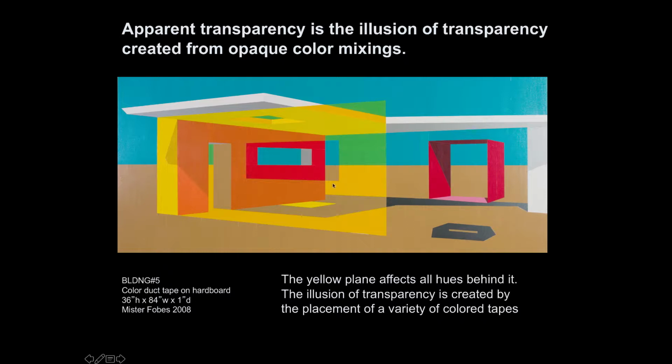And you can see where it is over the red, it appears to be orange, and where it's over the blue, it appears to be green. And that is because of the different rules about color mixing. But again, all of these hues are solid colors. They're not actually transparent or opacity.